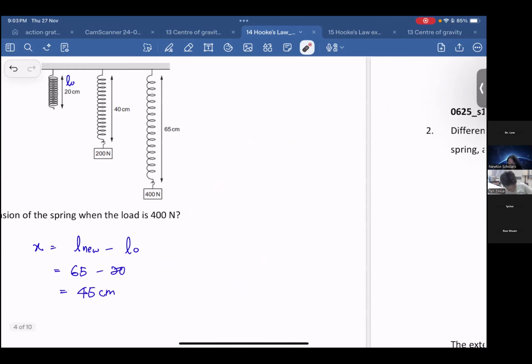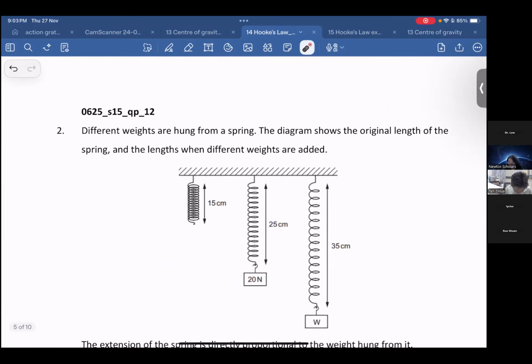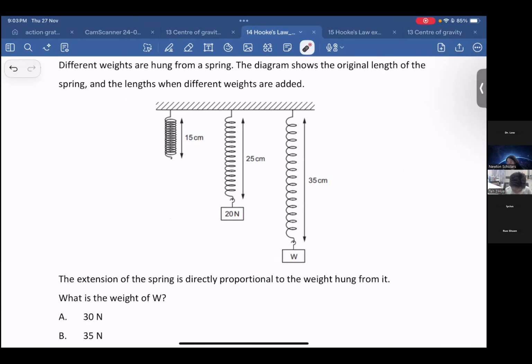Okay, there we go to your next page. Question number 2. Different weights are hung from the spring. The diagram shows the original length. Different now is they give you the length but they didn't give you the W. They want you to calculate what is your W. Can you try and then tell me your answer?